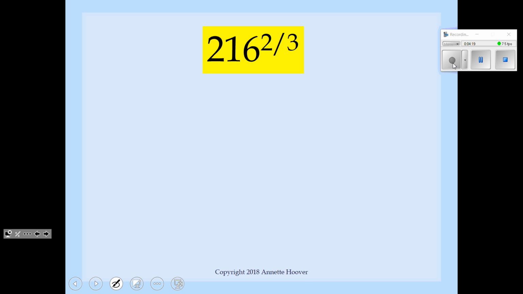Here's the first time that we've had a numerator that's something other than 1. Works exactly the same way. We look up here, we find the root, or the denominator. So we want the cubed root of 216. We're going to put that in parentheses, but this time we're going to square it.